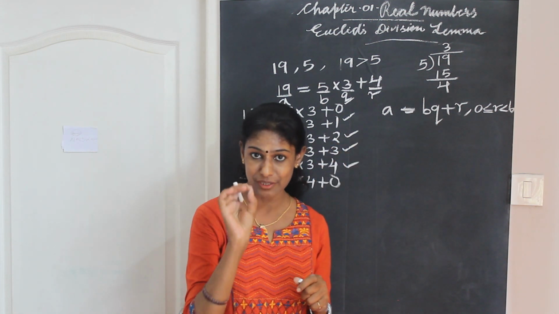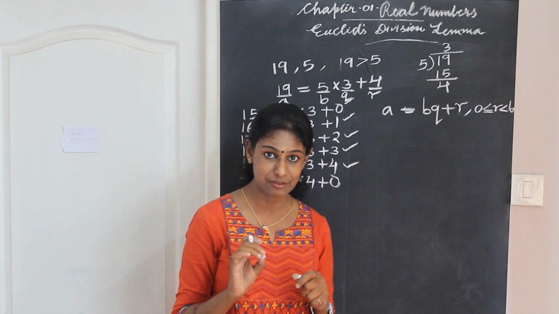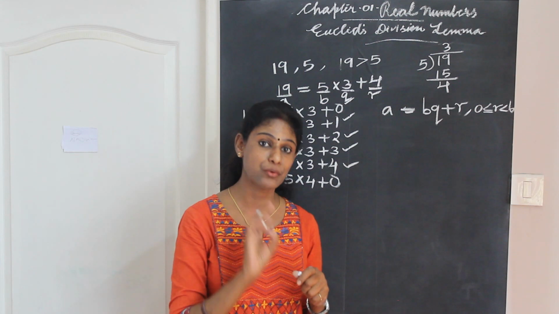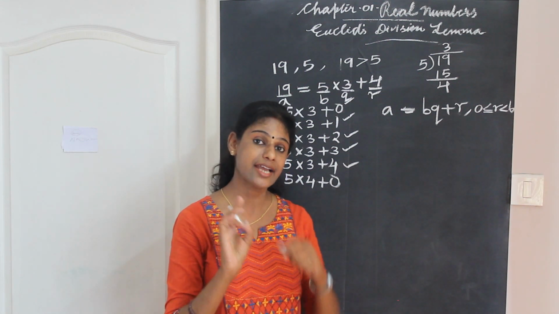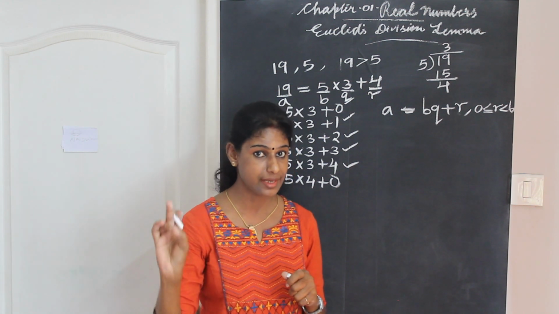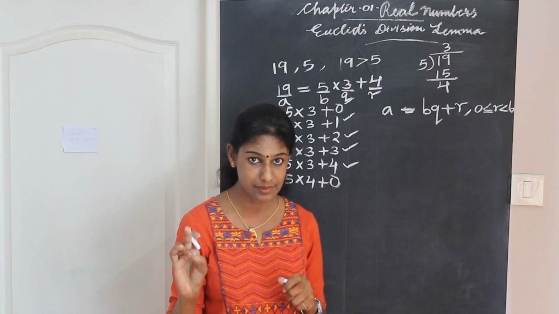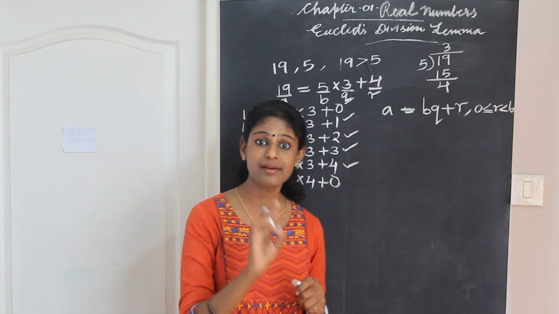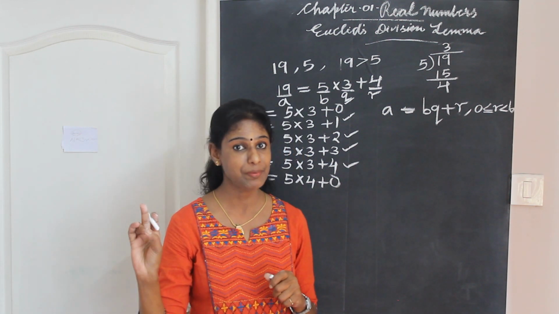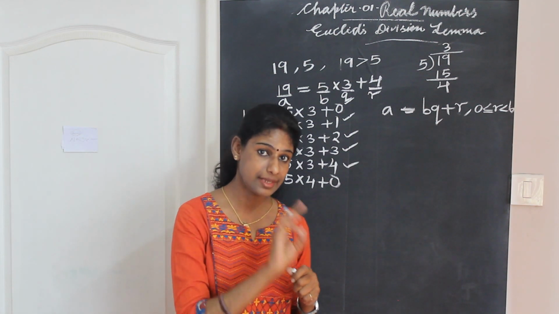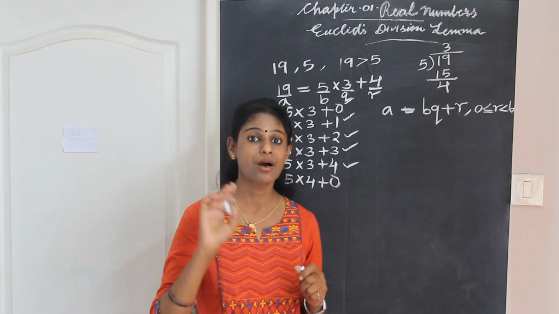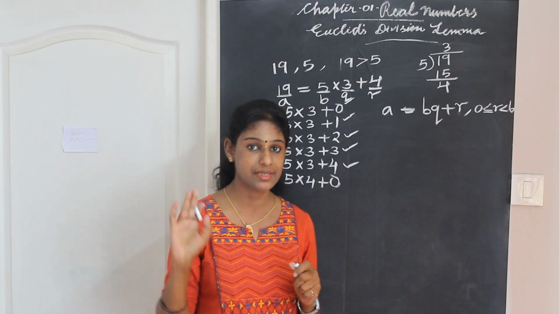You have one particular question in the textbook, first exercise. The square of any positive integer can be written of the form 3m or 3m plus 1. The question is, show that the square of any positive integer can be written in the form 3m or 3m plus 1. 3m means a multiple of 3, or it may be a multiple of 3 plus 1.